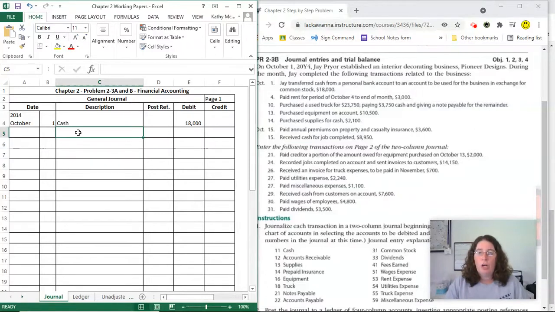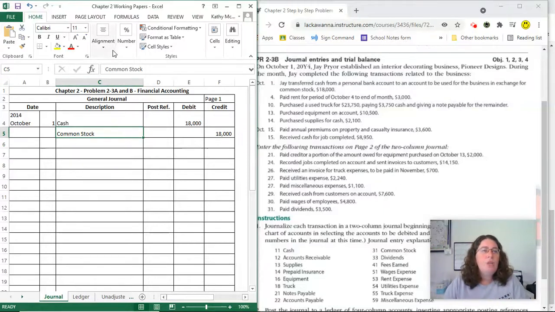If we look at our problem, Jay transferred cash from a personal bank account in exchange for common stock. If we look at our chart of accounts down here at the bottom, we see that common stock is an actual account name. And common stock increases on the credit side because it is an equity account.